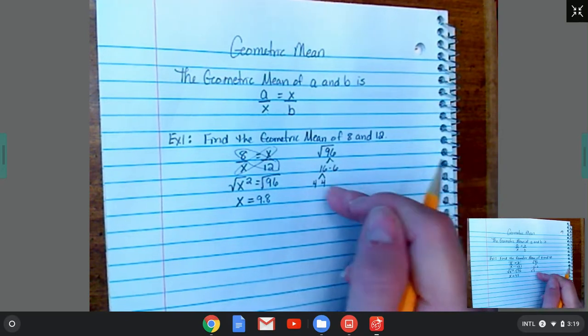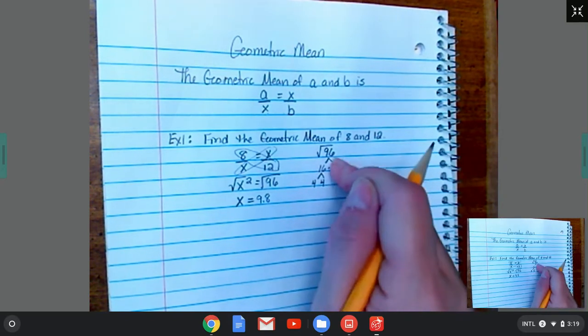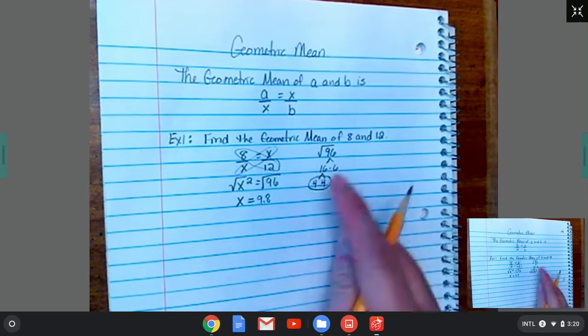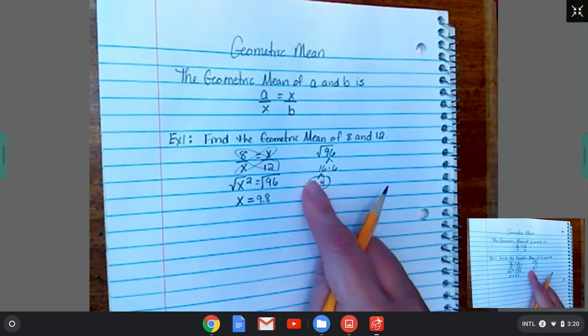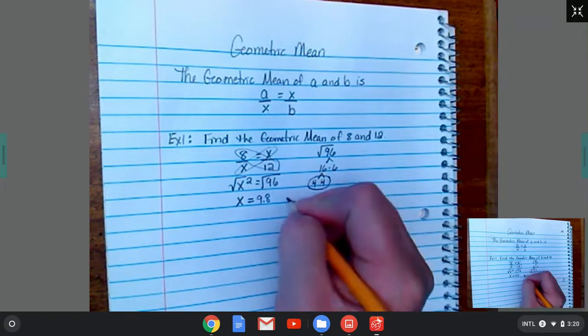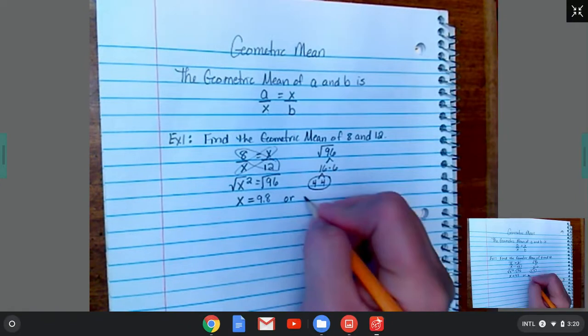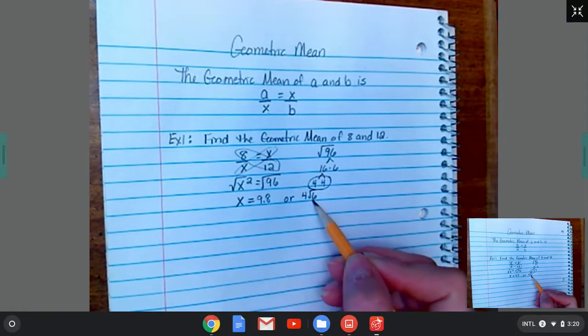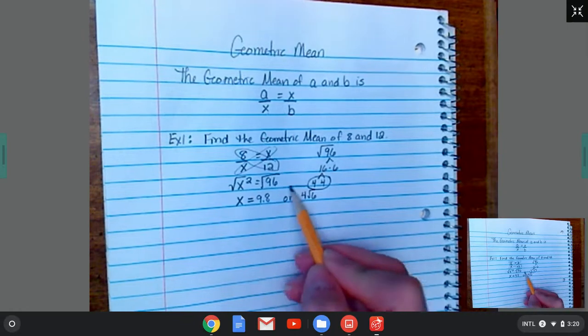My whole point of this is to find equal factors that I can take out of the radical. So I have a set of equal factors, or my twins as I call them. That goes out. The 6 that won't break down any further stays in. So my answer is 9.8 or 4 radical 6. And you can type 4 radical 6 in and make sure it does match 9.8.